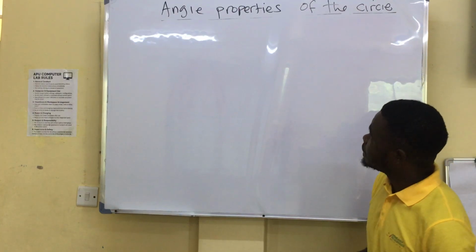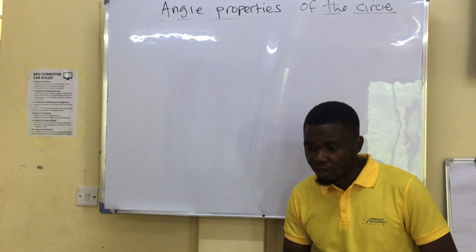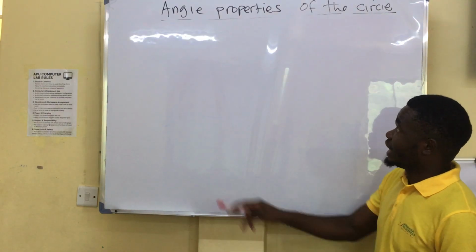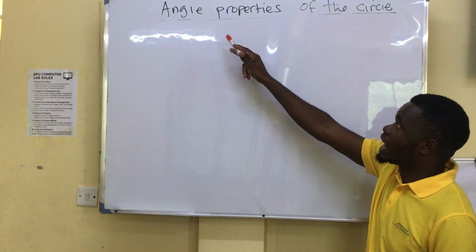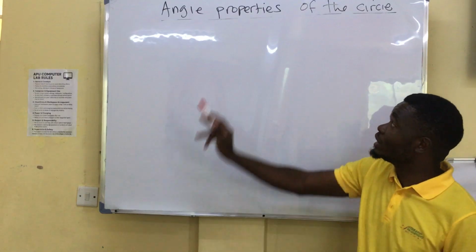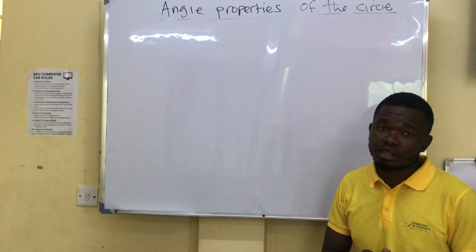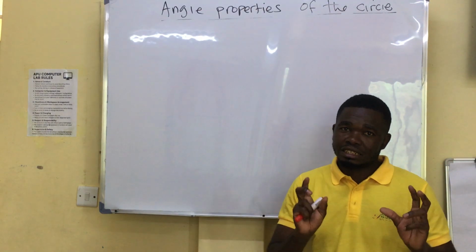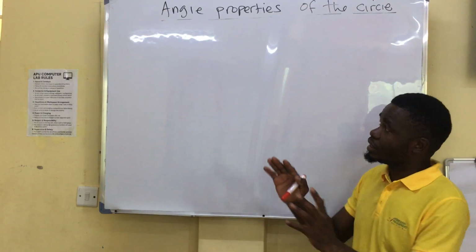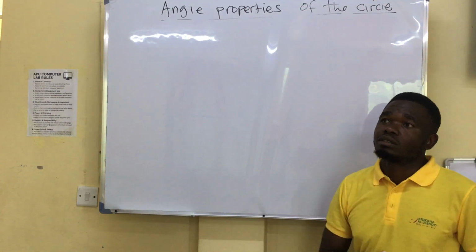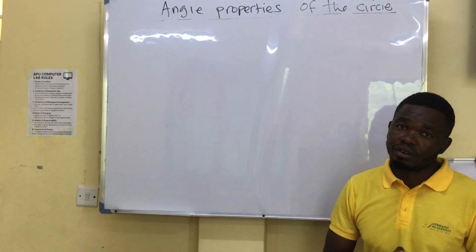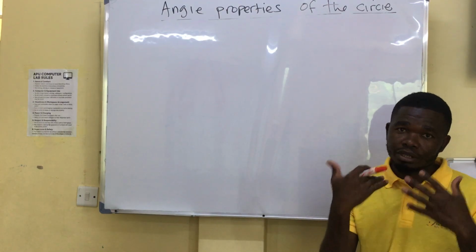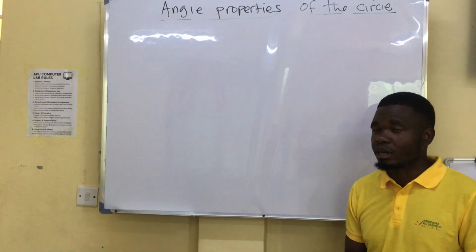But today, remember, the journey is to discuss angle properties of the circle. But before we dive into that topic, we are supposed to have basics, so that once we start discussing the topic, everything is fine.